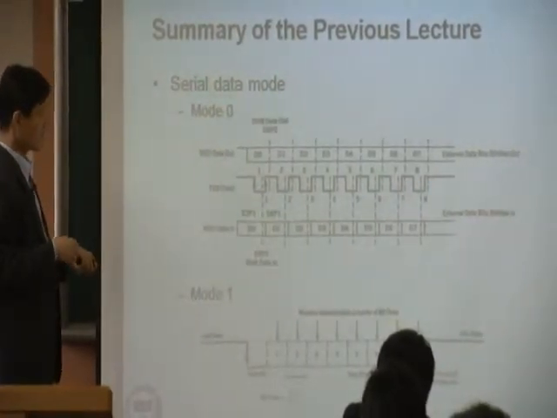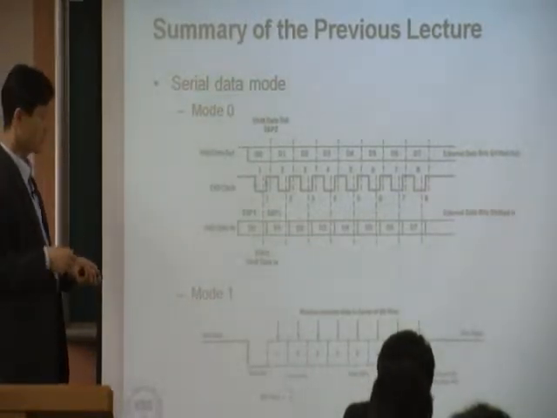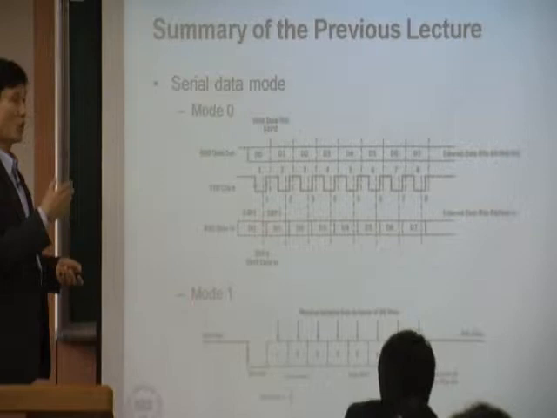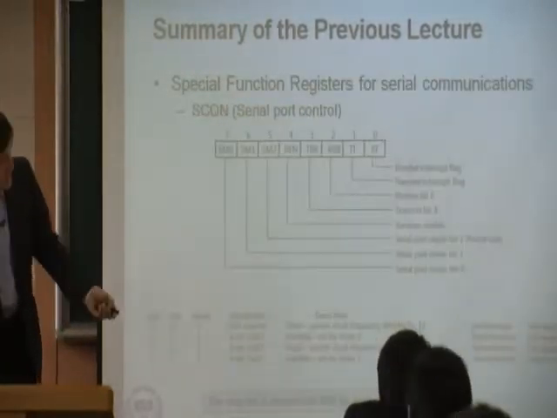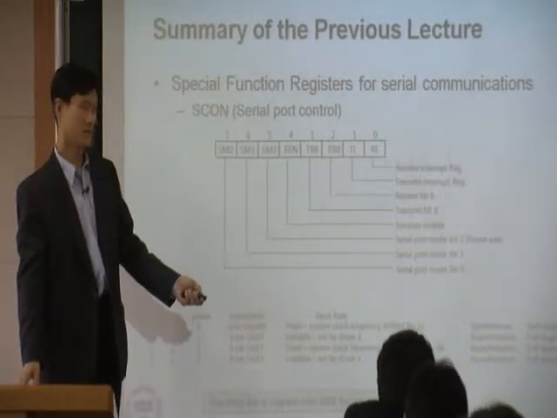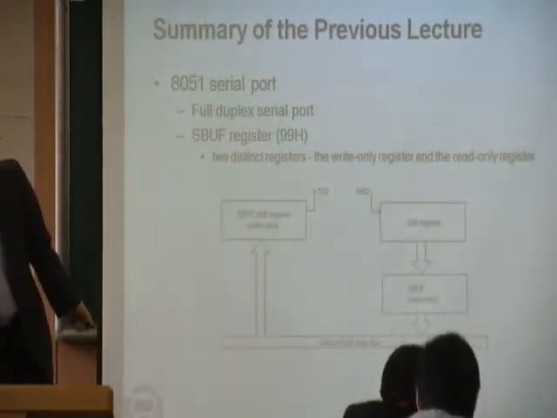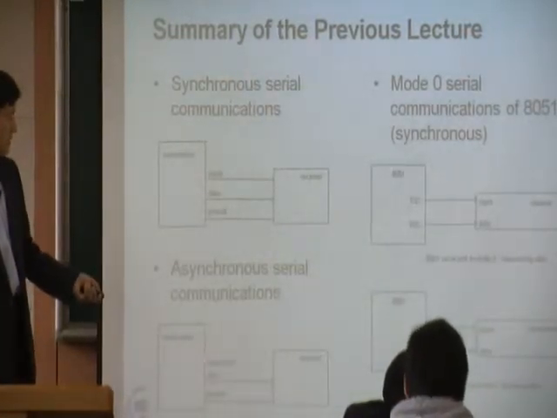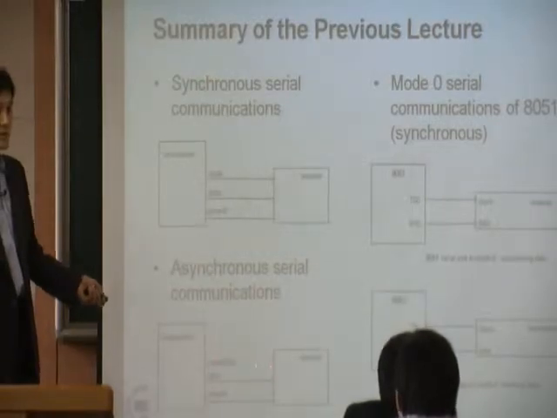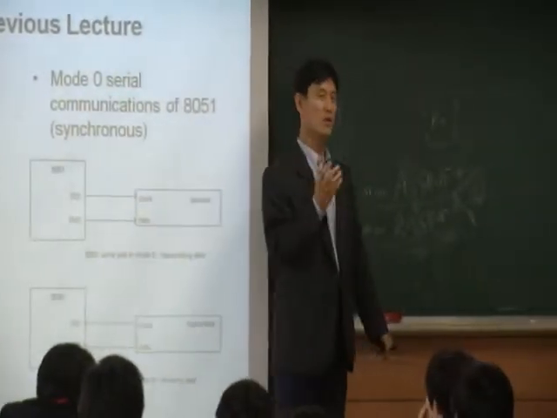So this is not a good way, actually. The better, most popular way is to use mode 1. Okay, let's look at mode 1. In mode 1, mode 2 and 3, all the other modes, it is asynchronous. We have some problems in asynchronous communication. As I said, there's no clock. So we cannot distinguish 110011 or 101.